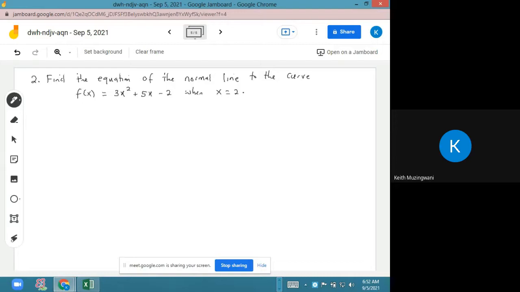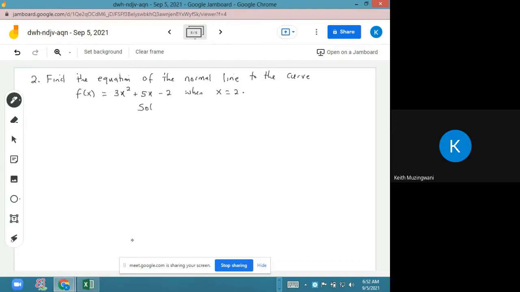So find the equation of the normal line to the curve when x is equal to 2. So for us to go to the normal, we pass through the tangent.